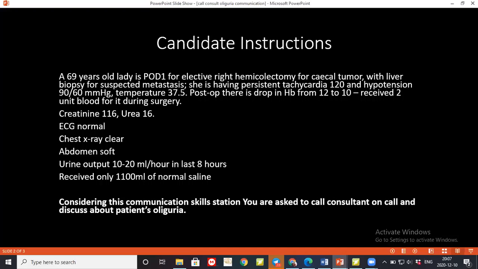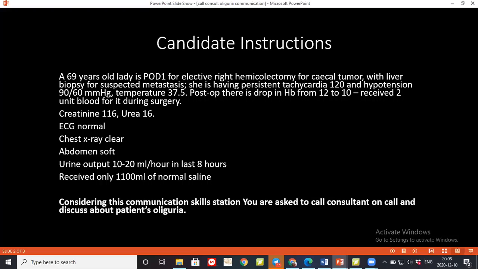I will start fluid resuscitation by giving 1 liter of normal saline within 1 hour, and we'll repeat her blood tomorrow morning to see whether the hemoglobin is dropping or not. If so, then we'll give blood transfusion, and also we'll continue to monitor her vitals.